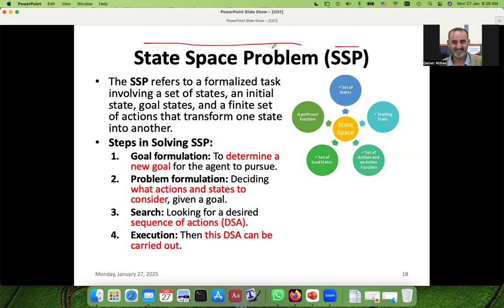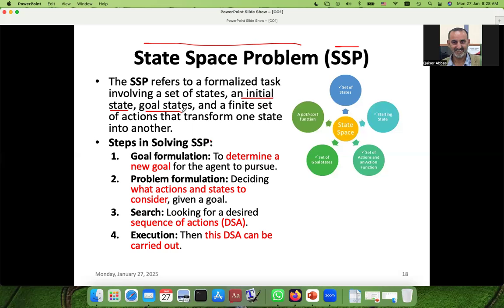Whenever you have a problem, especially in computer science and in AI, that problem will have some initial state and then some final state or goal state. Then you can start from the initial state and you will have some strategy.